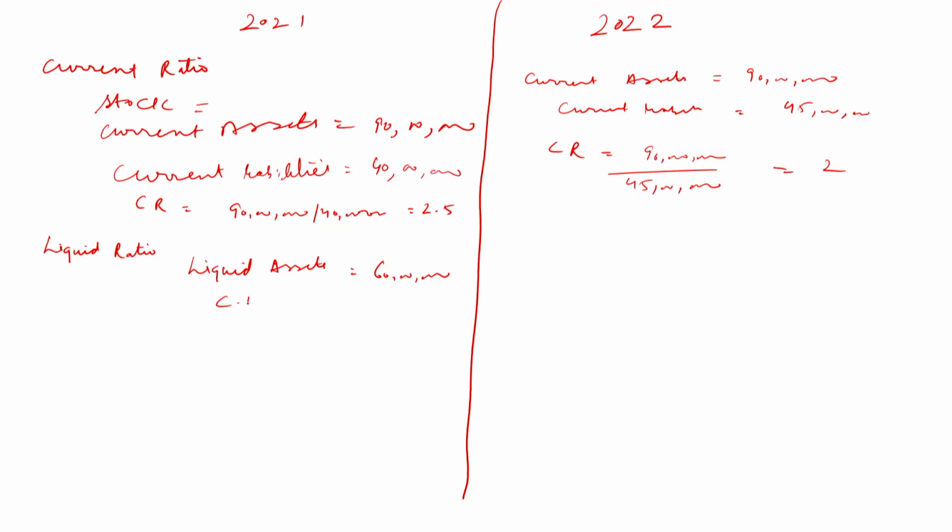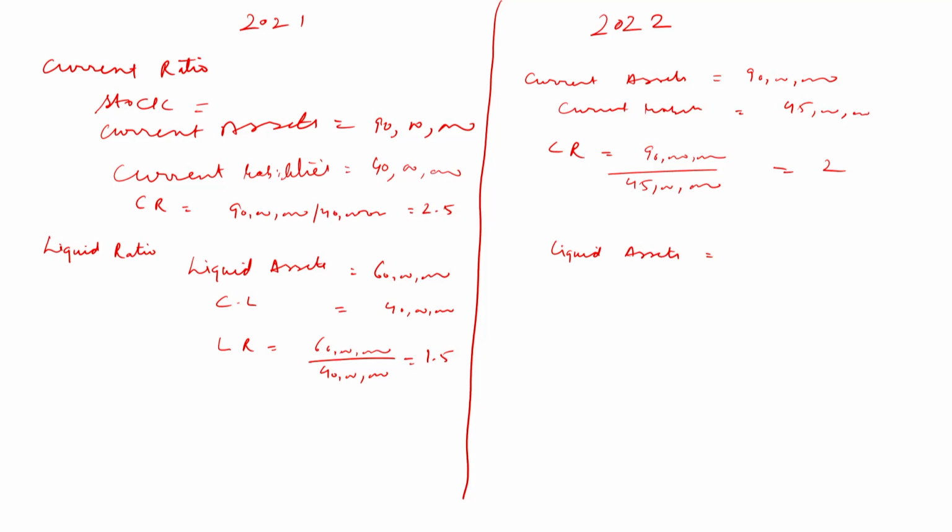And the current liabilities are the same, equal to 40 lakhs. So the liquid ratio in the year 2021 is 60 lakhs divided by 40 lakhs, which comes to the figure of 1.5.